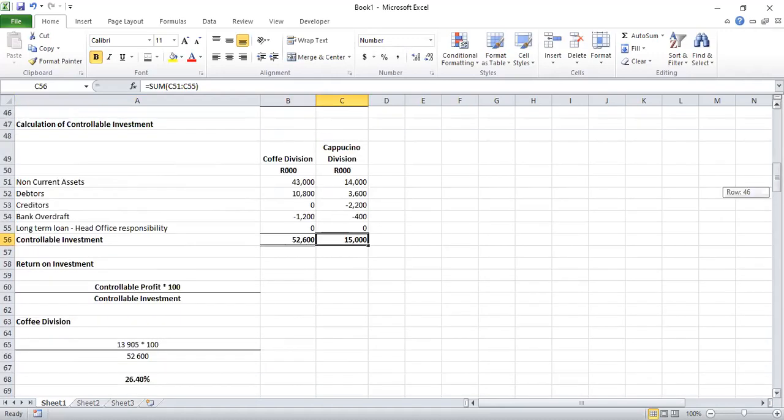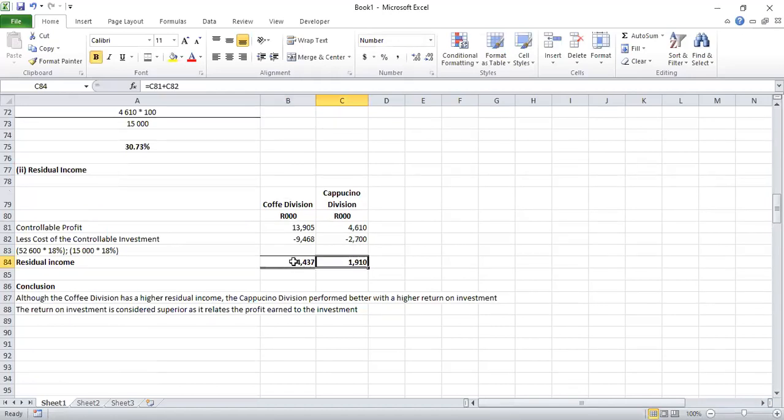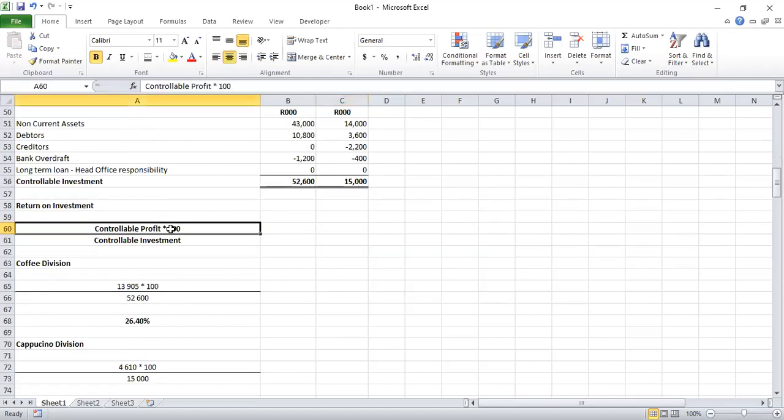It's almost 3.5 times that of cappuccino. But if you look at their residual income, it's just slightly above half.